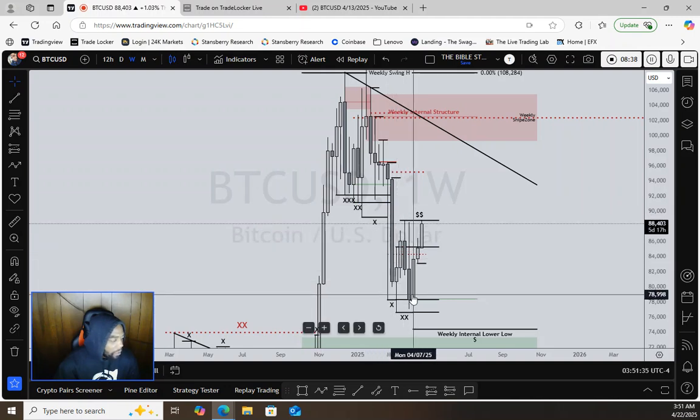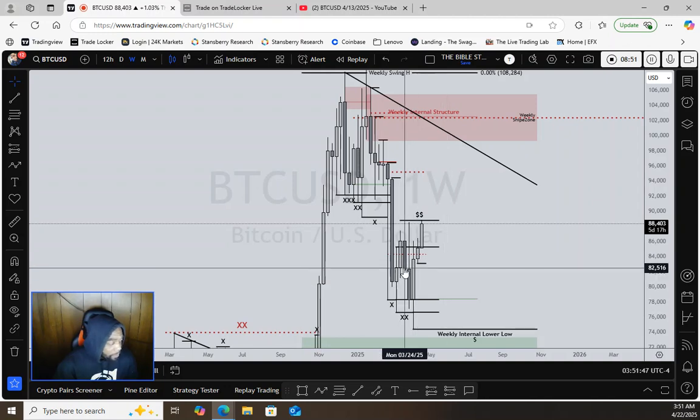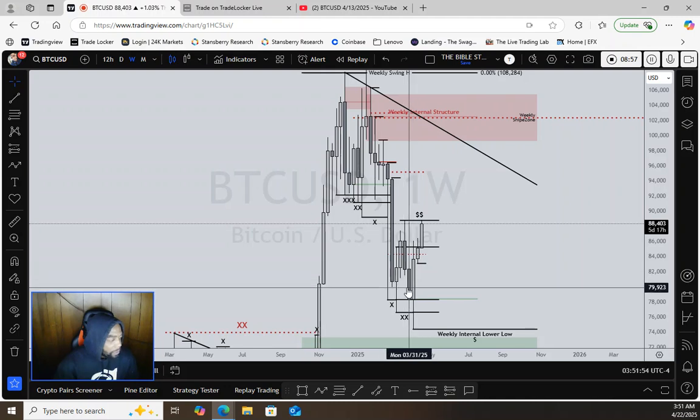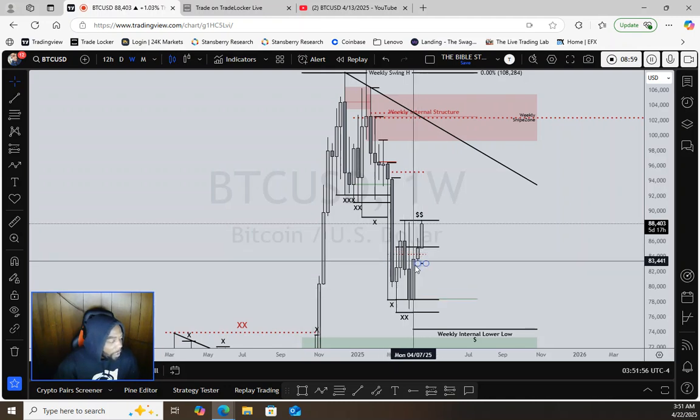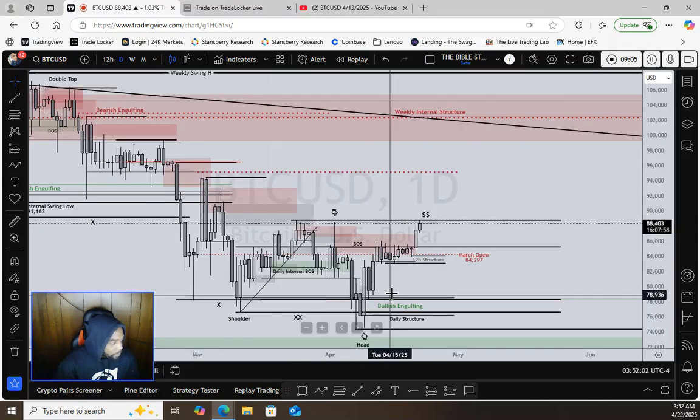Got this continuation, creating a lower low, creating a candle that price could produce a bullish candle pattern from. So once this was created and established, now price started its bullish retracement on the weekly.